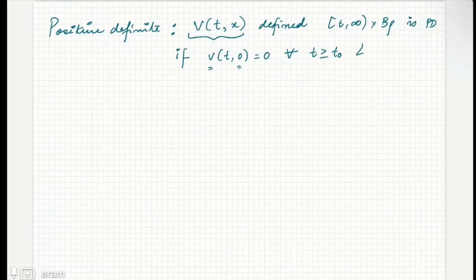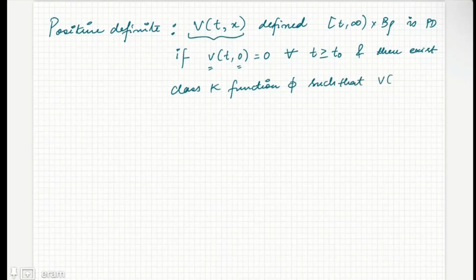and there exists a class K function, we call it phi, such that the Lyapunov function V is always greater than or equal to a class K function defined on the norm of the state x on which we are analyzing our Lyapunov function, and this should be satisfied for all t and state x from initial time.